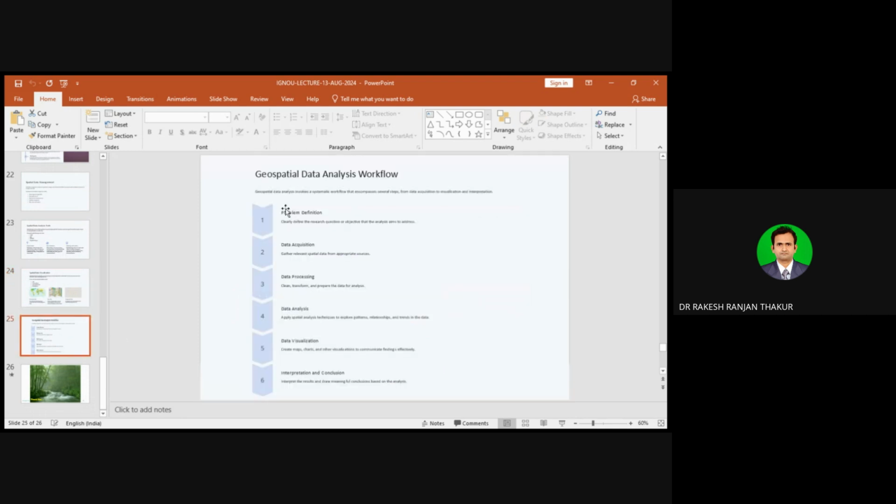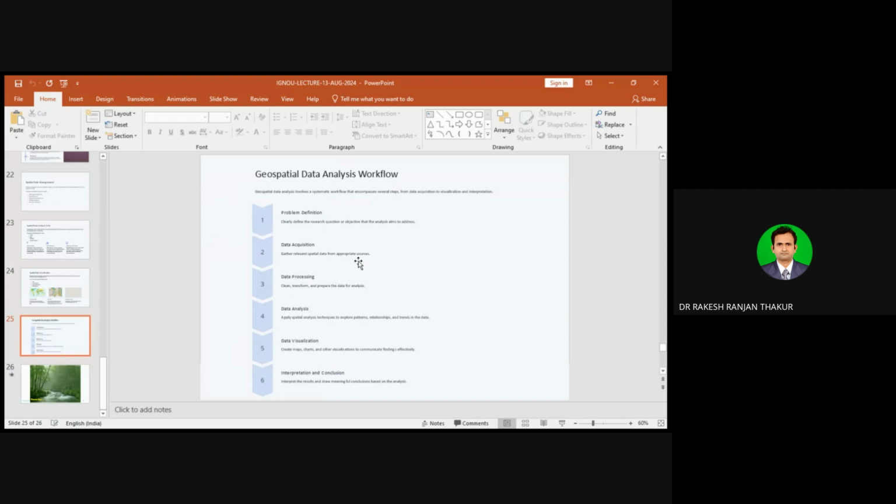Then geospatial data analysis, how we actually do the analysis. Suppose we have a problem, an issue, then for that we need to plan how to analyze it and how to solve that issue. For that we go for data acquisition. Once we get the data, then I will go for data processing. In that I have to clean the data, I have to transform the data in terms of projection and all.